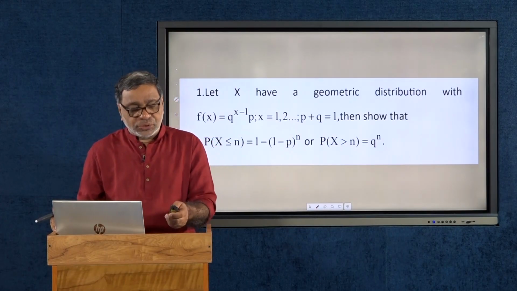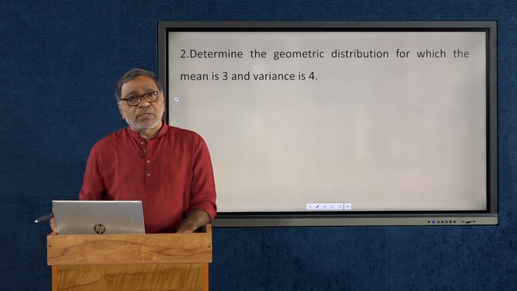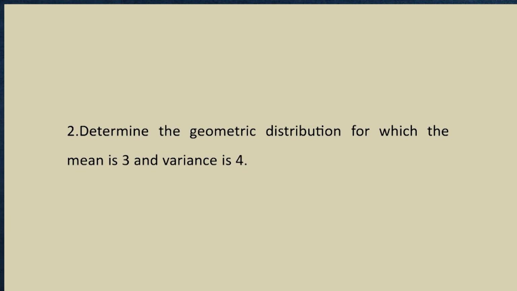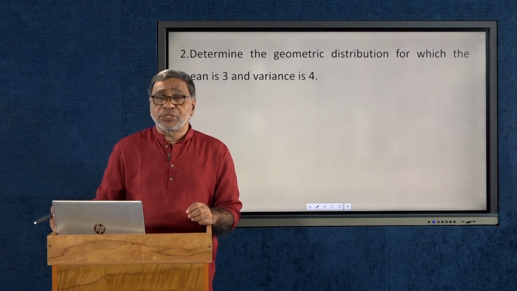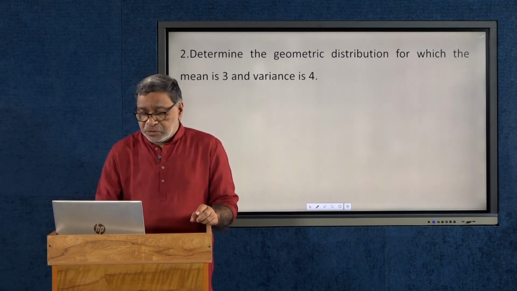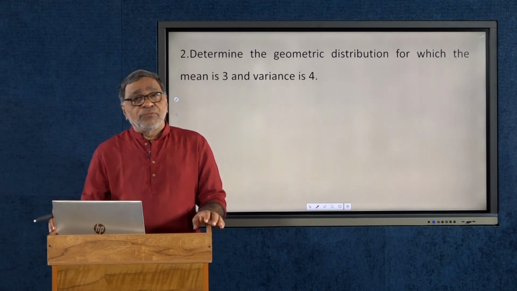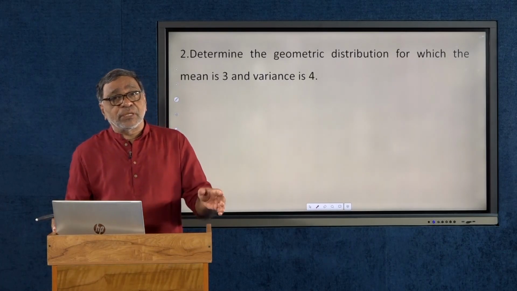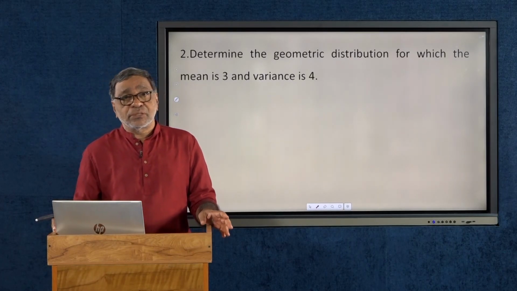You consider next problem, that is an example of how to identify the parameters. Here the parameter for a geometric distribution we know is only one parameter p, and to find the parameter we are given the mean and variance value.